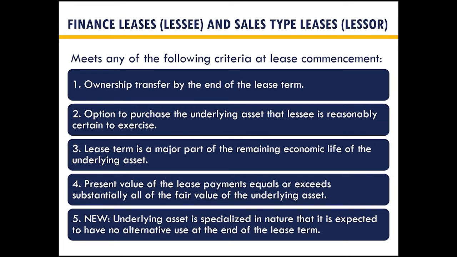The fourth one is, again, similar to the previous criteria, but put in a principles-based approach. The present value of the lease terms equals or exceeds substantially the fair value of the asset. Before, if you remember, under capital lease, we said that the present value of the minimum lease payments is 90% of the fair value. Well, now they just say that it substantially equates to that fair value.